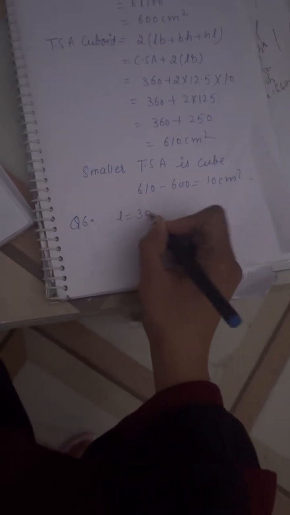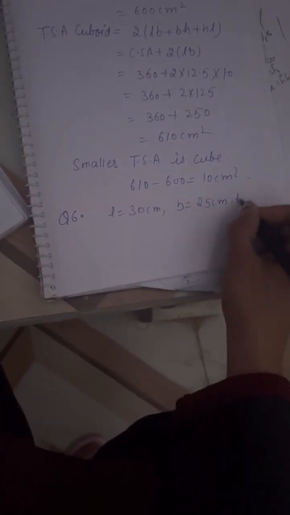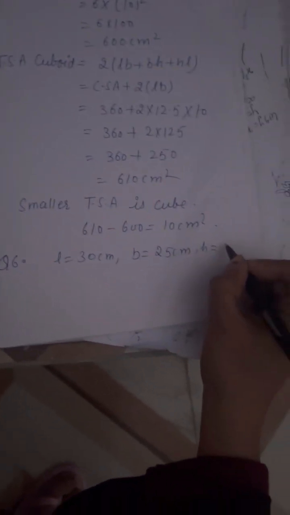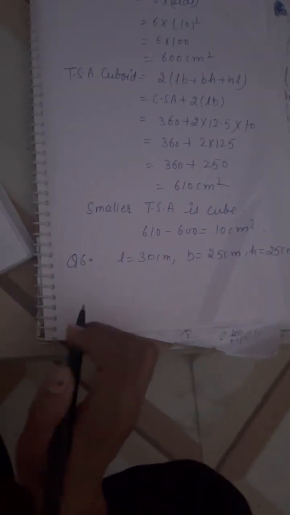A small indoor greenhouse is made entirely of glass panes held together with tape. It is 30 centimeter long, length is given, that is 30 centimeter. Breadth is 25 centimeter, and height is equal to 25 centimeter, height is also 25. What is the area of the glass?